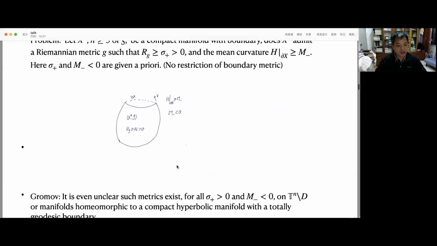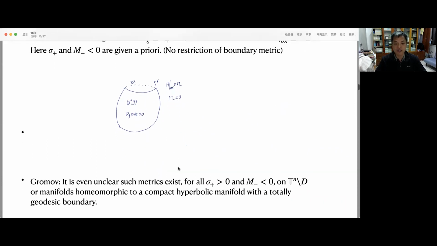It is also even unclear for a specific manifold like the n-dimensional torus minus a ball, or a manifold whose underlying differential manifold is homeomorphic to a compact hyperbolic manifold with totally geodesic boundaries.